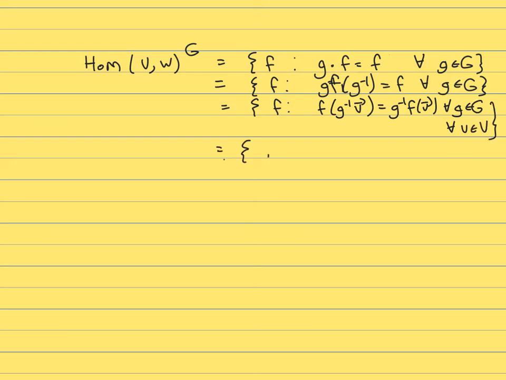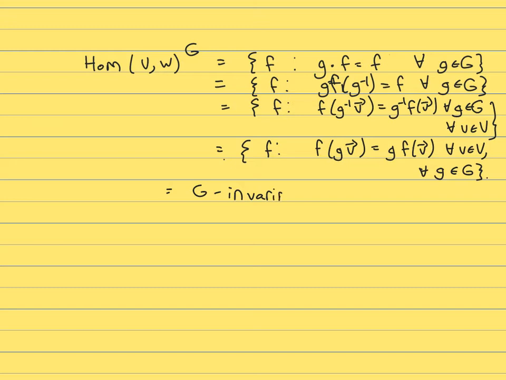Notice if I swap the roles of g and g inverse, because that part isn't really as important, I'm just saying that the linear transformation is G invariant. So the subspace of G invariant functions.